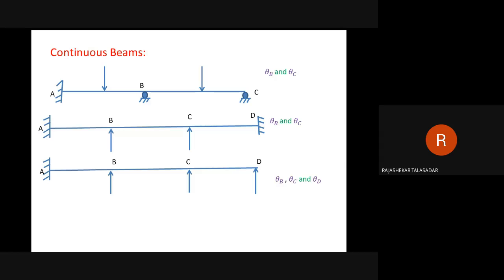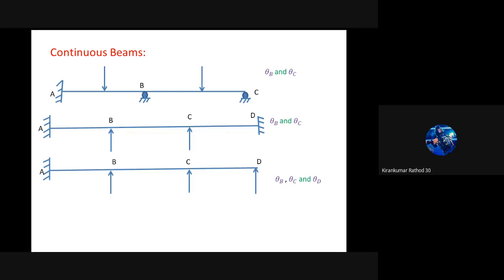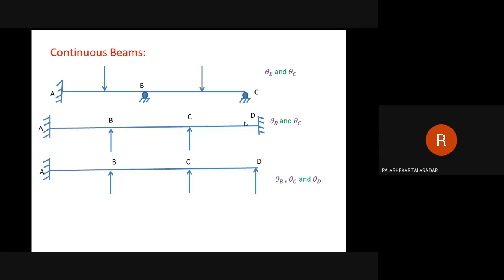Support must be 3 or more than 3 for a continuous beam. Very good. Then how many minimum spans to call a continuous beam? Two spans, yes. Minimum number of spans must be two.